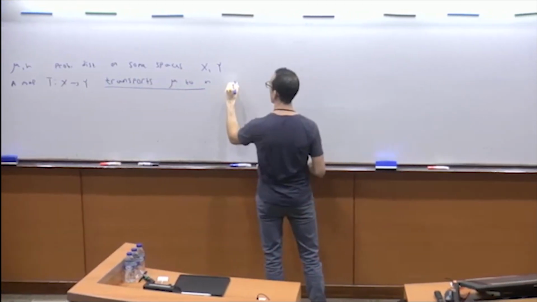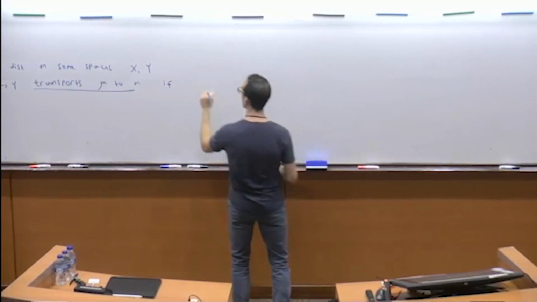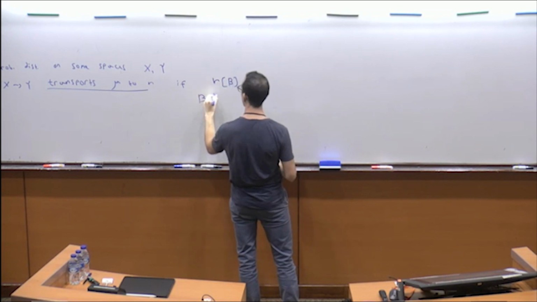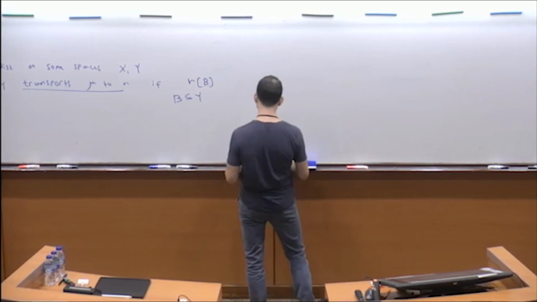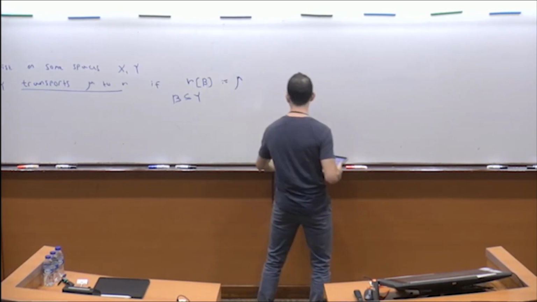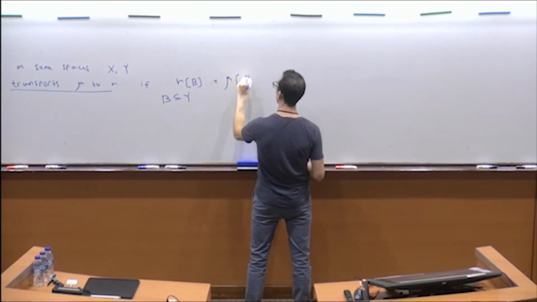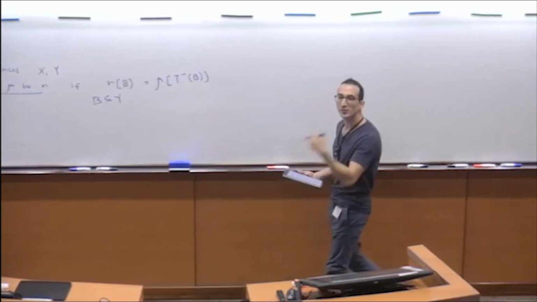But maybe the set theoretic, measure theoretic definition is we just say that the measure of a set B, where B is assumed to be a measurable set in Y, we have equality: nu of B equals mu of T inverse of B, where by T inverse we mean the inverse image.